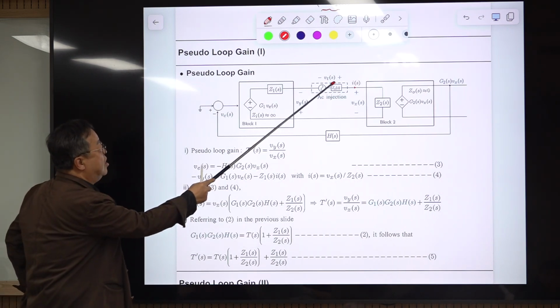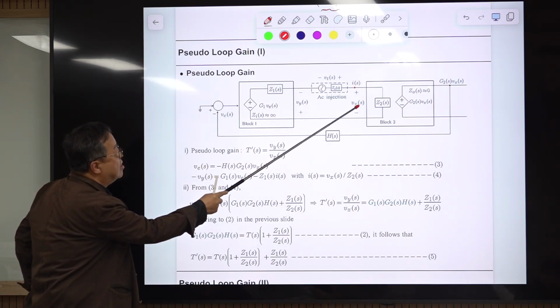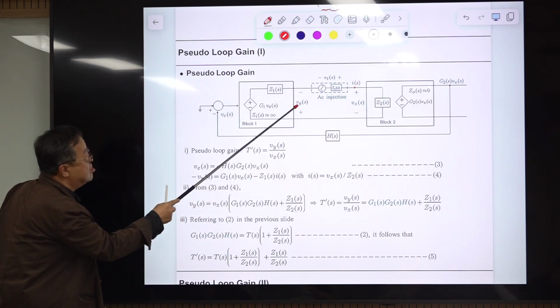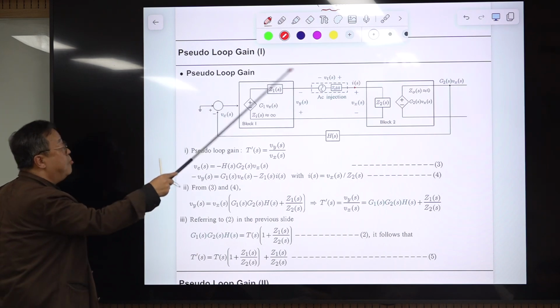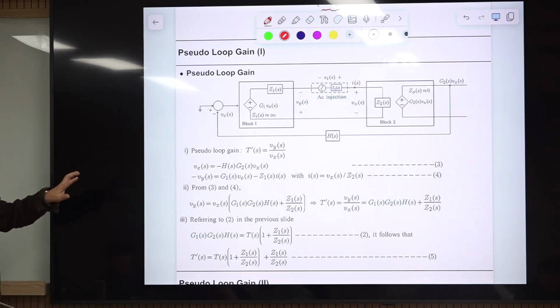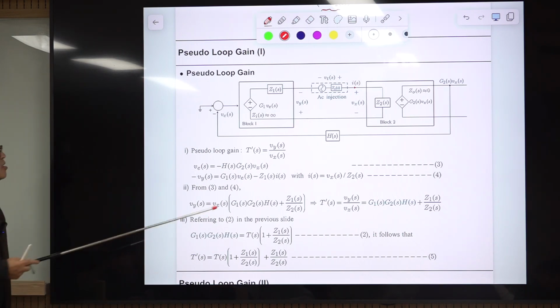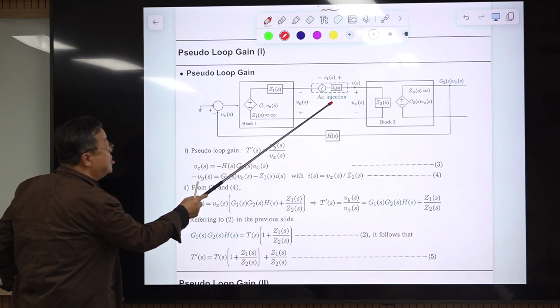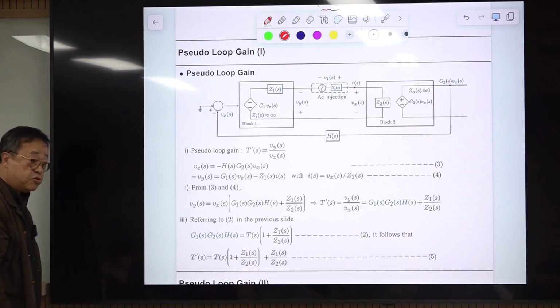It's located here, and this voltage Vx goes around here and comes back to here, and this is Vy. This is the way we are measuring the loop gain with this transformer-isolated AC injection. Okay, this is the true case.